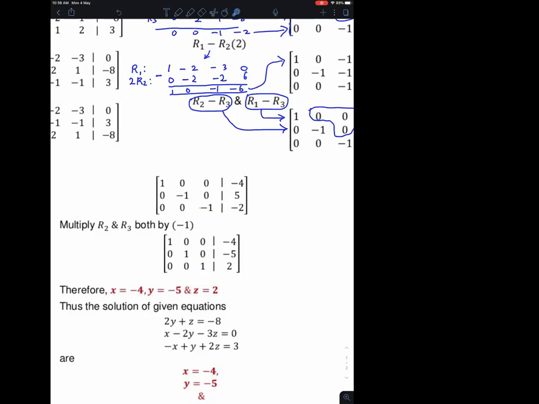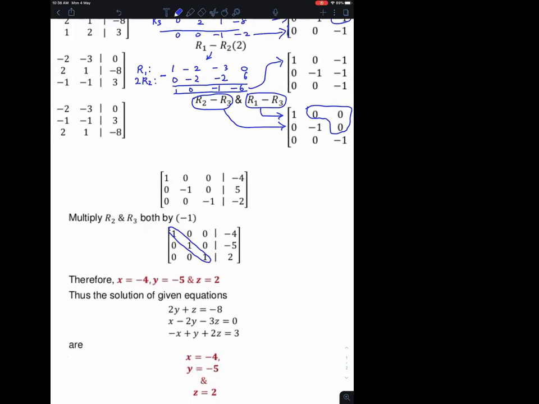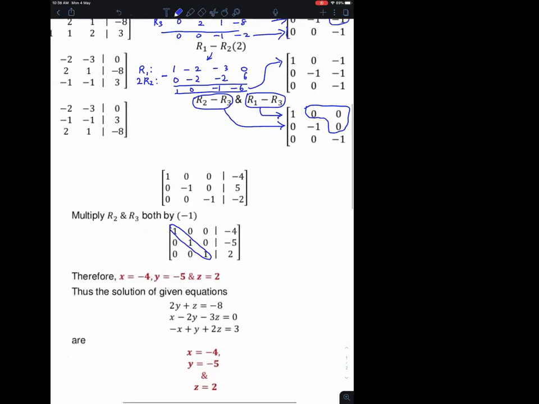You really don't have to do that, but if you just want to keep all these things positive, just by looking at it, now you can say x is -4, and then y is -5, and then z is 2, right?